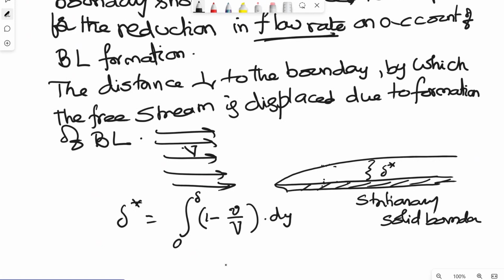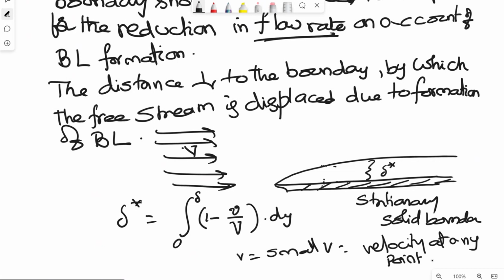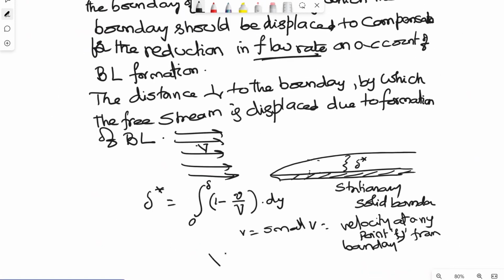Small v is the velocity at any point y from the boundary, and what is capital V?